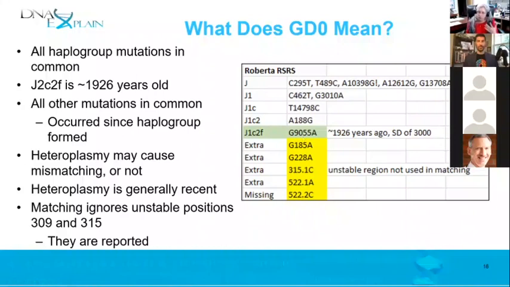It's just education. So we know that haplogroup J1C2F is about 1926 years old with a standard deviation of 3,000 years. We know that from Behar's Copernican paper in 2012. So what this means is, on the average, it's probably about 2,000 years ago that mutation at location 9055 occurred.